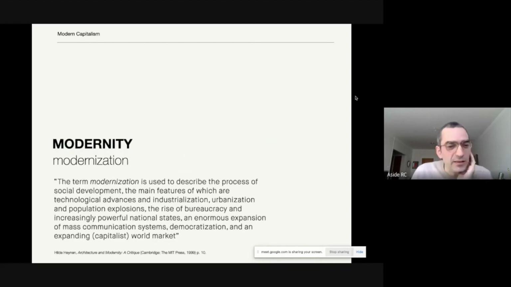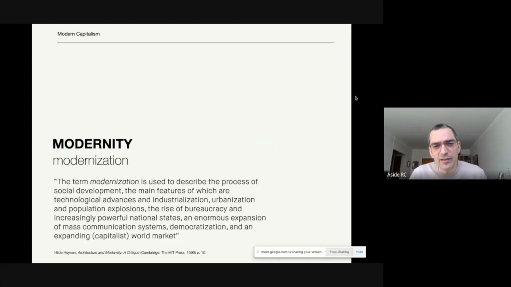Hilde Heinen, in her Architecture of Modernity, makes this distinction at the beginning, to set up the basis on which we can proceed with a more accurate analysis.